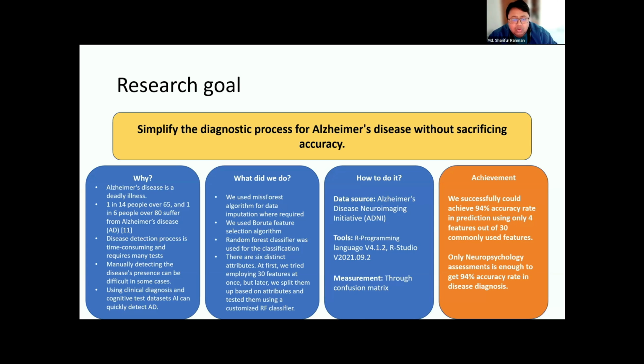And we used all these 30 features at the beginning of our test. We used all together. Then in the last part of our research, we used only different types of data. That means we split them based on the attributes and tested them using the customized RF classifier. So we used the data from the Alzheimer's Disease Neuroimaging Initiative, ADNI.